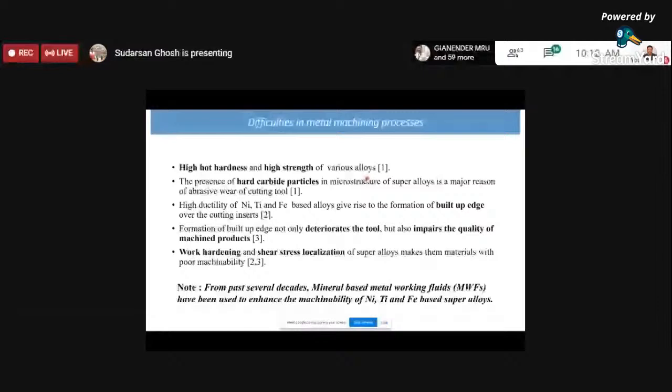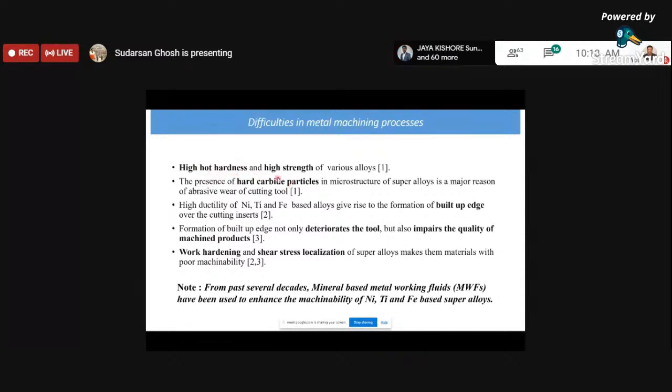Even if you increase the temperature, the hardness does not fall. That is what is meant by high hot hardness. So this "hot" refers to higher temperature when we are measuring hardness.